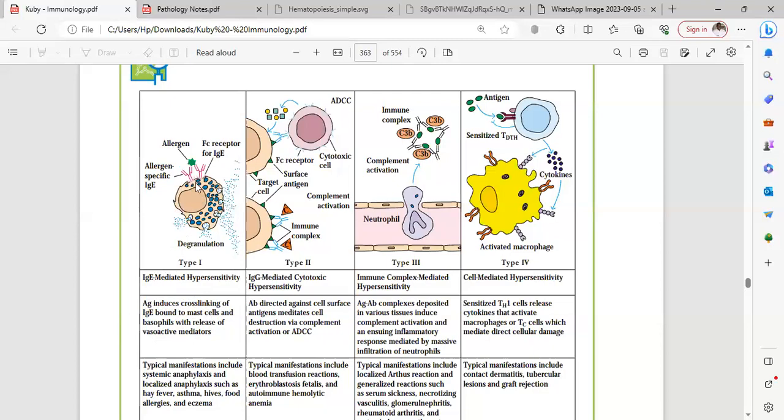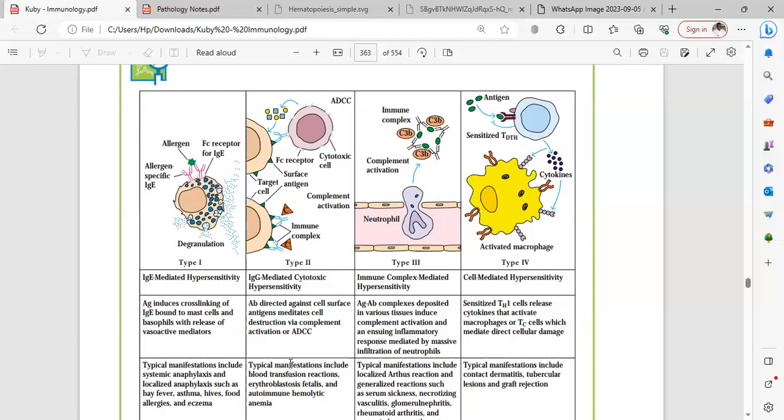So that is IgE mediated type 1. Type 2 is cytotoxic mediated, which is still antibody mediated. We said this is found in blood transfusion most of the time, ABO blood groups with the Rh incompatibility.